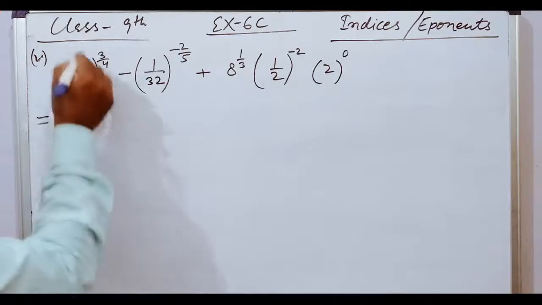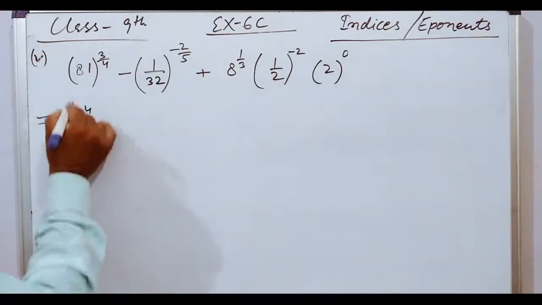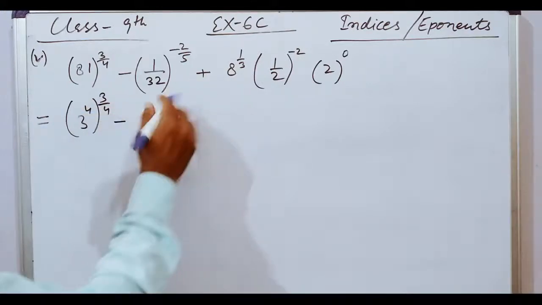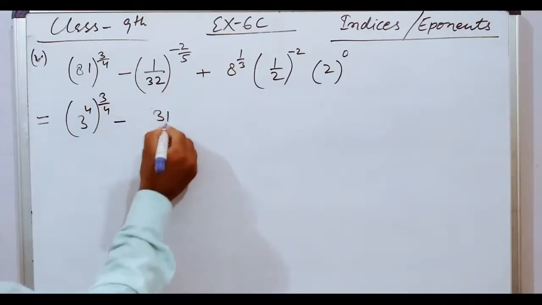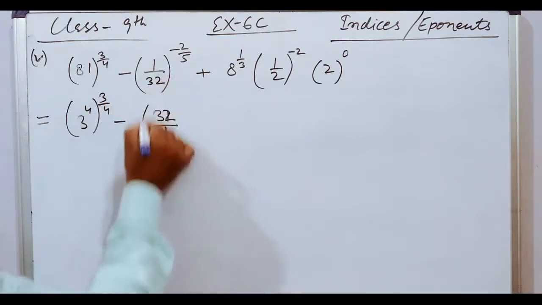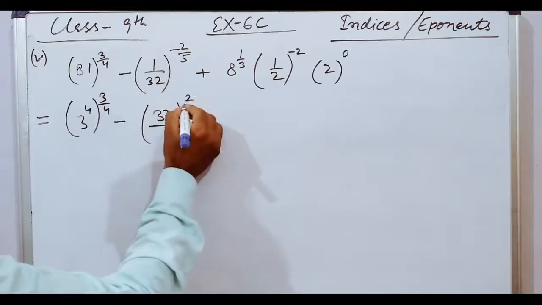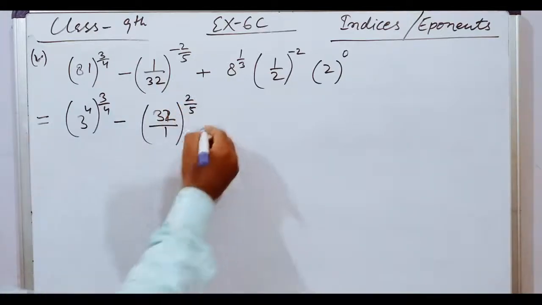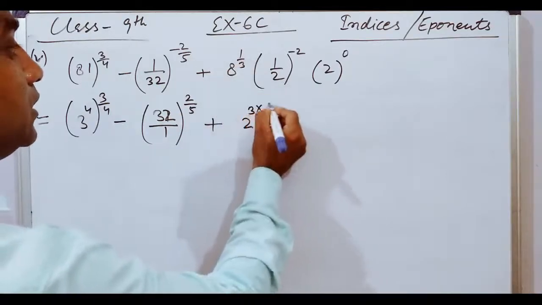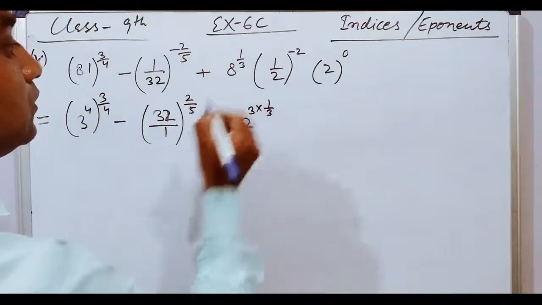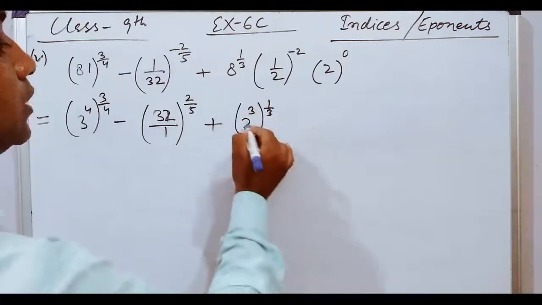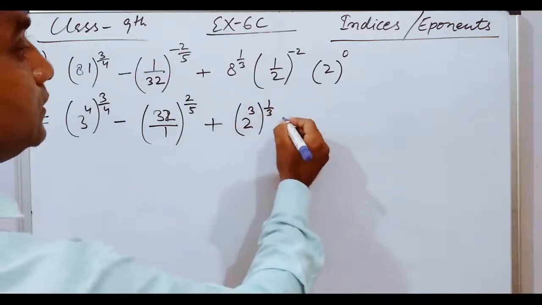It can be written: 81 can be written as 3 to the power 4 whole power 3 upon 4 minus 32 upon 1 to make it a positive exponent, plus 8 can be written as 2 to the power 3 whole power 1 upon 3.